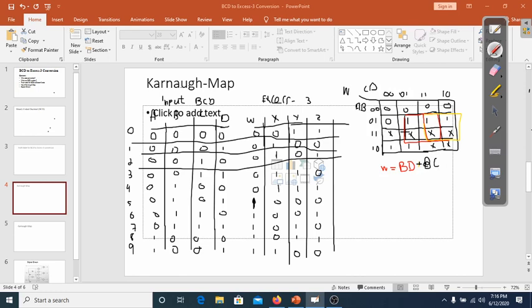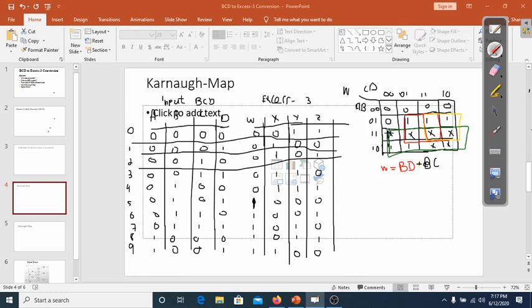Now these 8 boxes are adjacent, so I can solve these boxes. Let me use some different color. So these 8 boxes are adjacent.